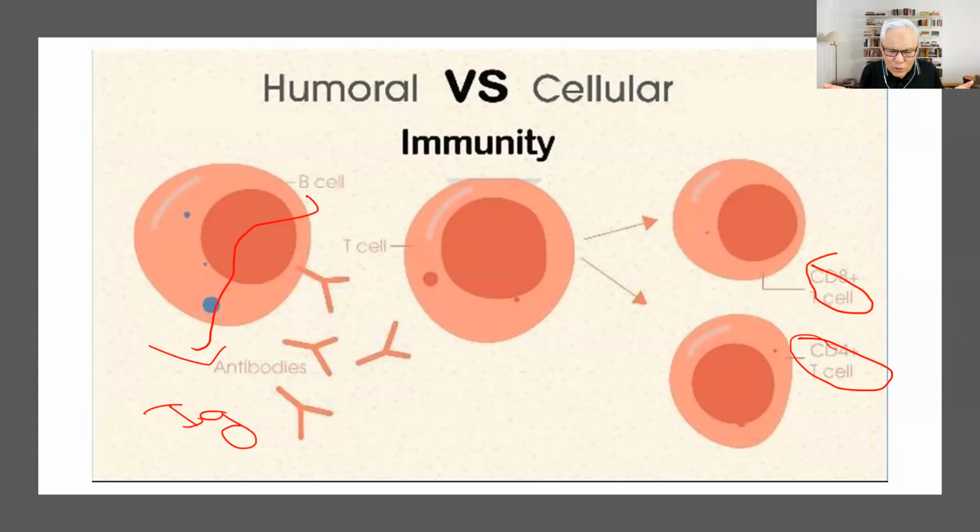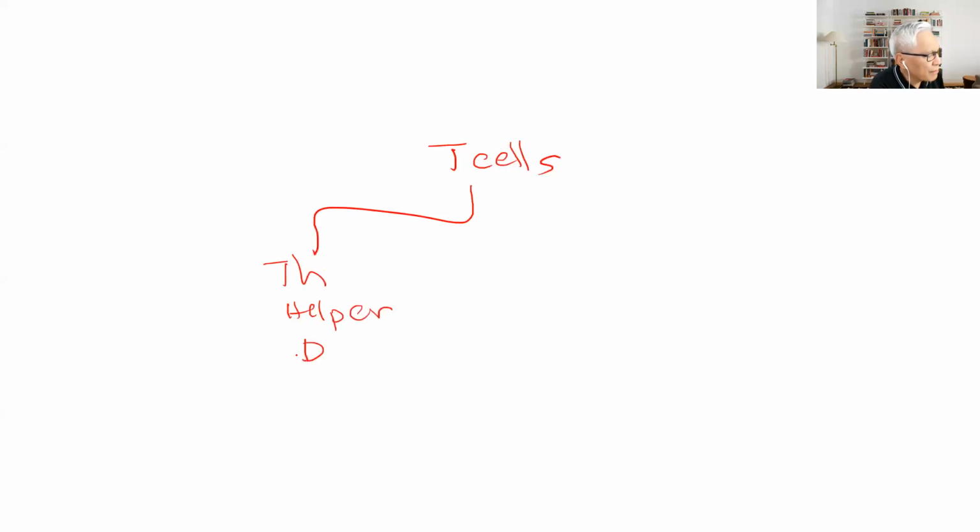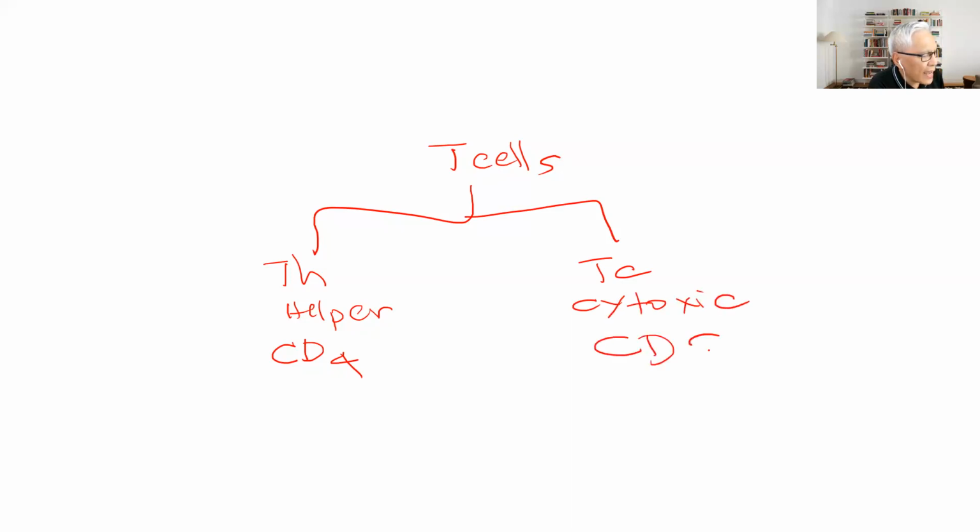So what's the function of each one of these, CD4 and CD8? When we have the T cells right here, the H cells or helper cells are the ones that are lined with CD4, and the TC cells or cytotoxic cells are the ones that are lined with CD8.